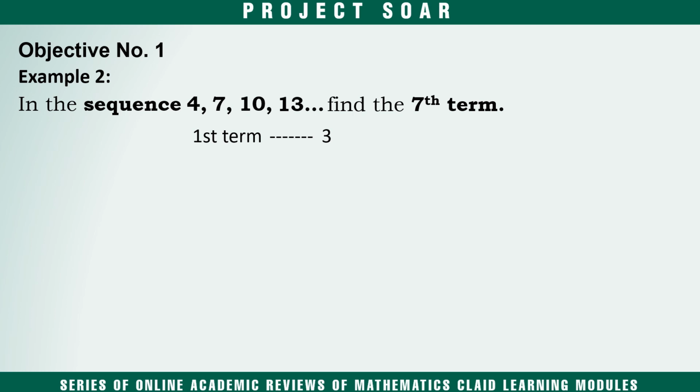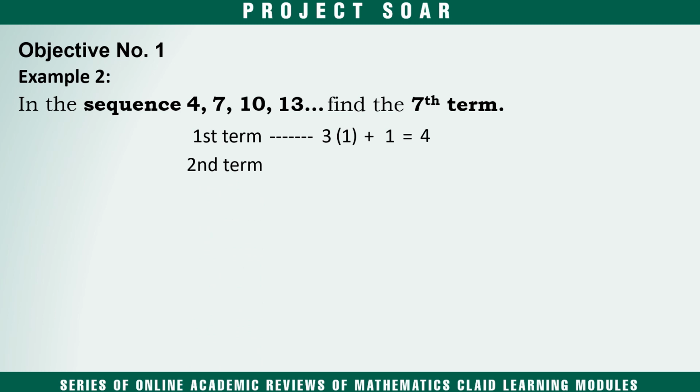We have plus 1 because of the difference of the first term and the common difference, which is 3. So our first term is 3 times 1 plus 1 equals 4.